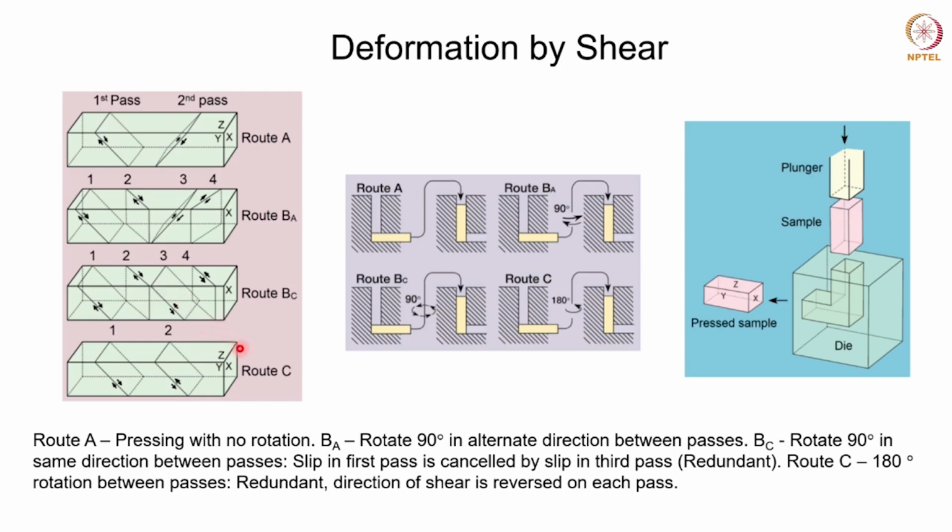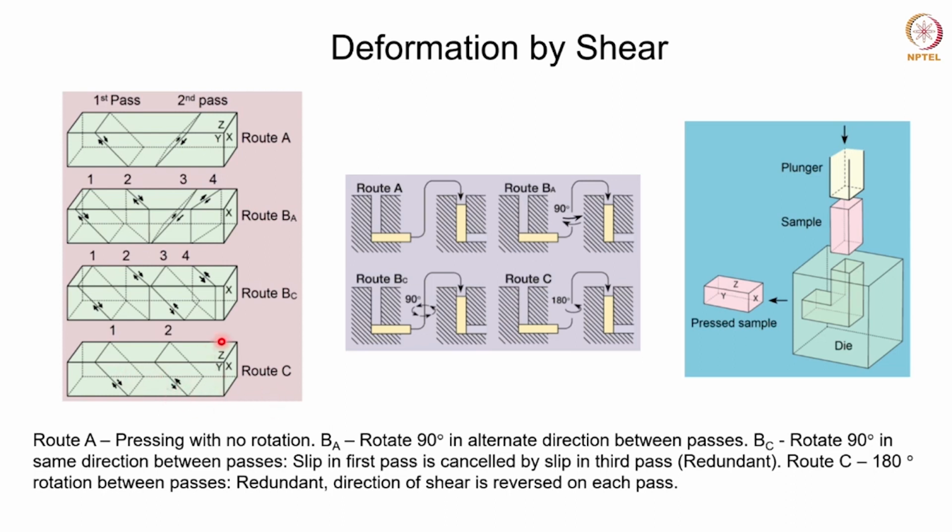In case of route C, which involves 180 degree rotation between passes, the direction of shear is reversed on each pass, because it is a complete 180 degree rotation. So you can see the deformation direction or the shear direction is reversed between any two passes.